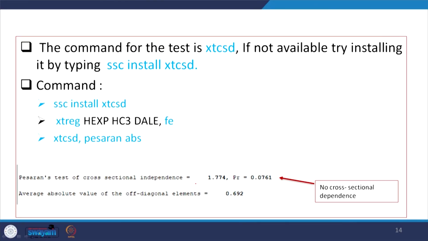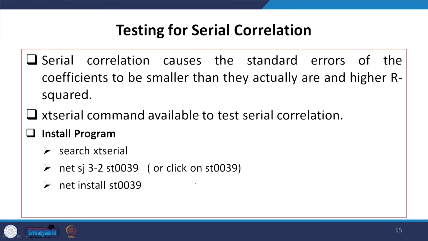Now this is done. Then another possible aspect is to also check for serial correlation, because of the time component. Serial correlation causes the standard errors of the coefficients to be smaller than they actually are, and a higher R square is possible. So we need to check. The XT serial command is available to test serial correlation.